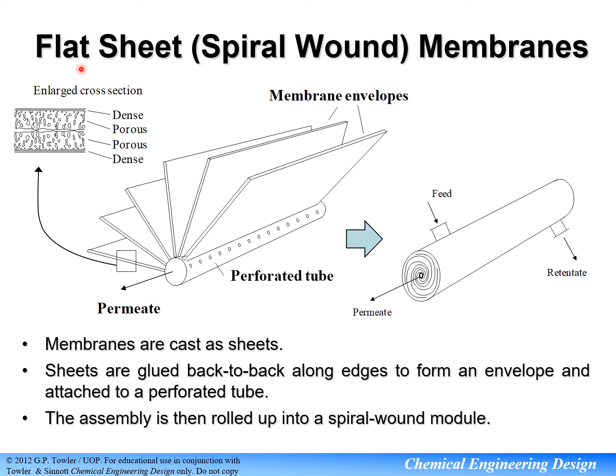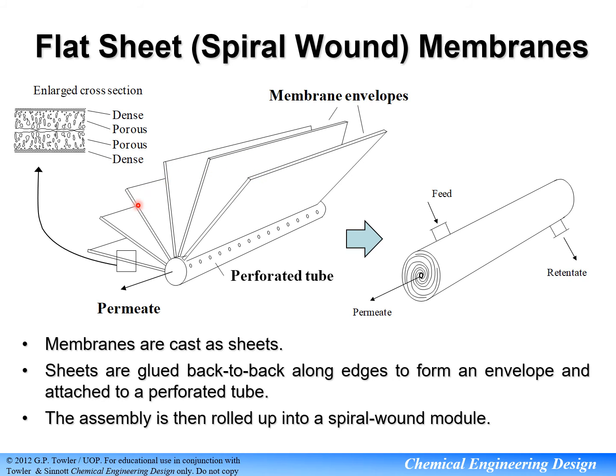There is another type of membrane, which is the flat sheet membrane, in the shape of a spiral. Here we can see that membranes are cast as sheets. These sheets are glued back to back along the edges to form an envelope.